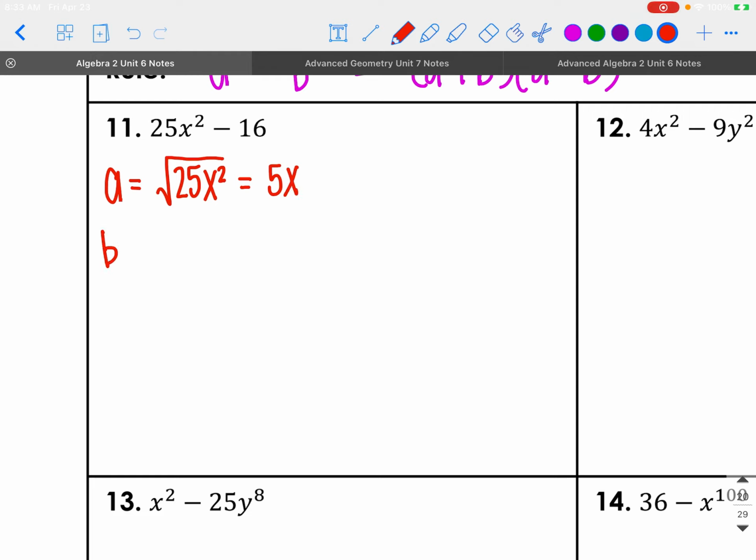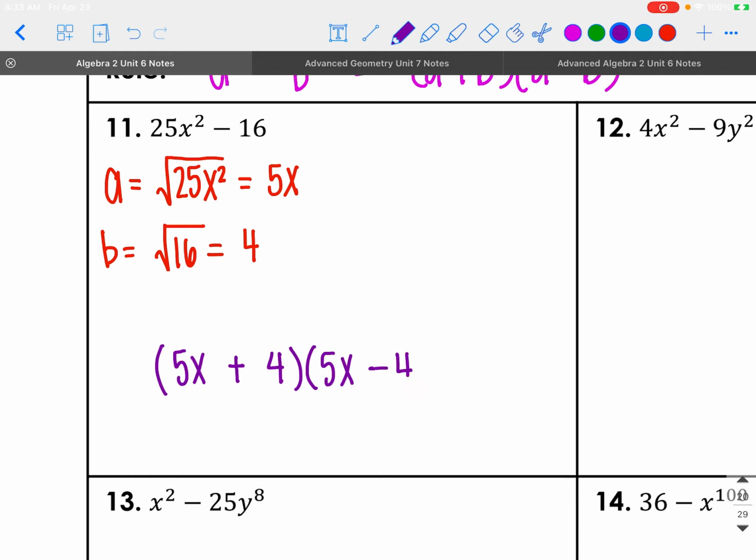And the square root of x squared is just x. And my B, the square root of 16 is 4. So my answer is 5x plus 4, 5x minus 4.